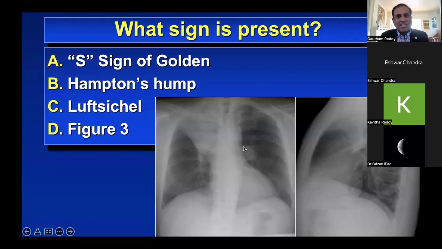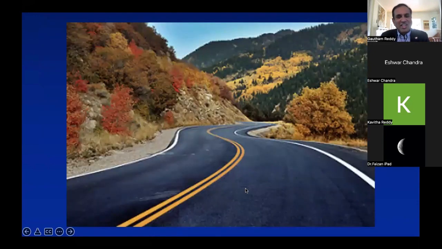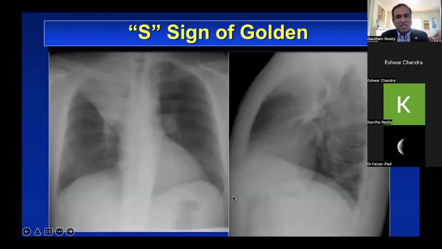Figure 3 is the sign that we see in the aorta that is associated with coarctation of the aorta. And then here, yes, I see some people putting in the chat, it's A, the S sign of Golden. Good, so this is the S curve in the road, and that's the S sign of Golden.